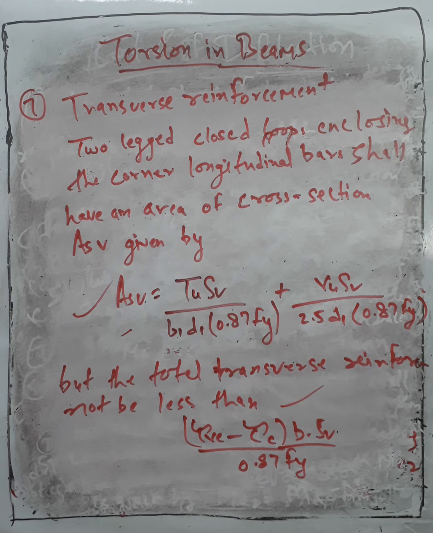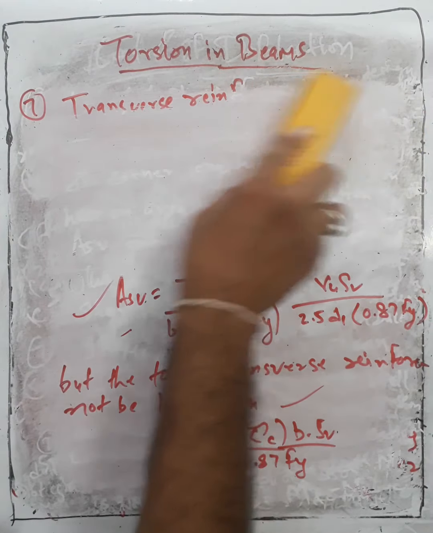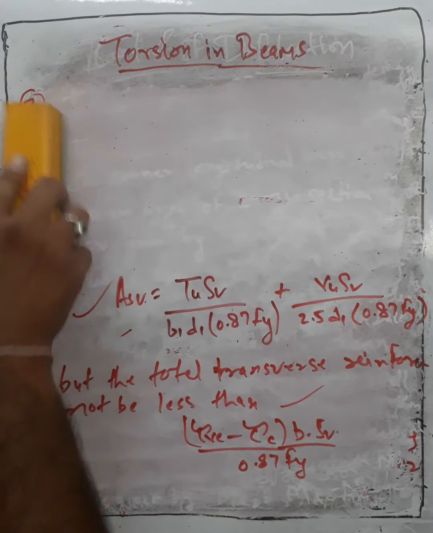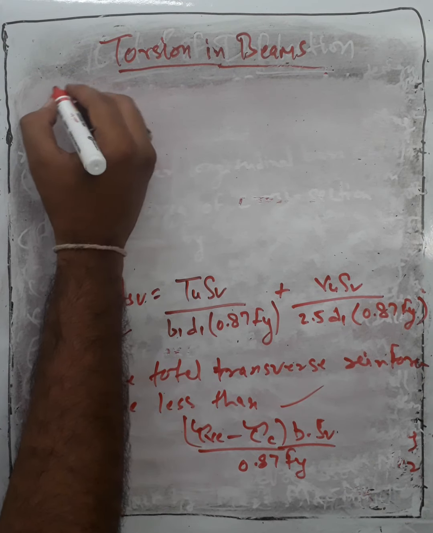Now here we have a number of symbols: B1, D1, VU, SV. So here we write the meaning of these symbols, because this symbol representation gives us an easy way of putting the values in our equation.